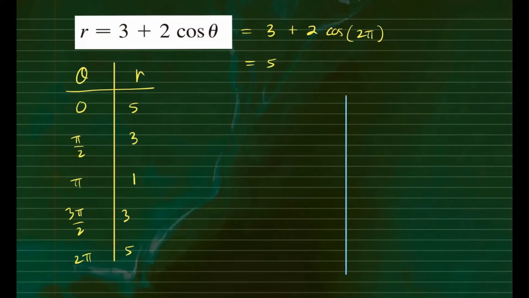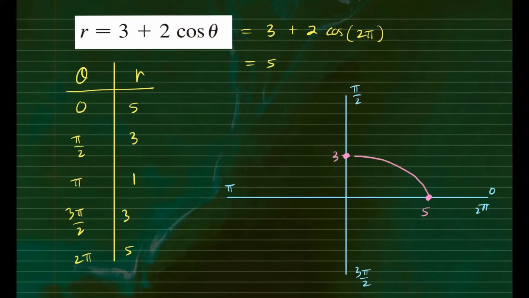All right, so it looks like we have the picture. Here's our XY plane. Let's label them 0, pi over 2, pi, 3 pi over 2, and 2 pi. For theta equals 0, we're at 5. So let's suppose this is 5. For pi over 2, we're at 3. Let's suppose this is 3. So I'm going to curve it to get to that radius. For pi, we're at 1.